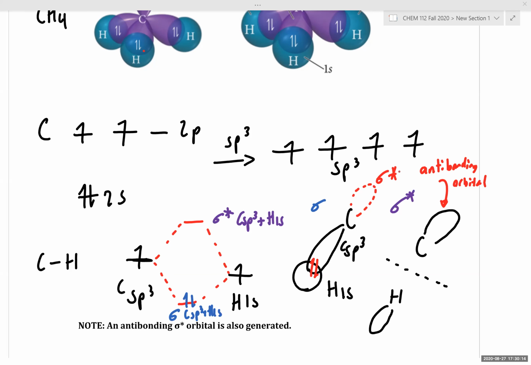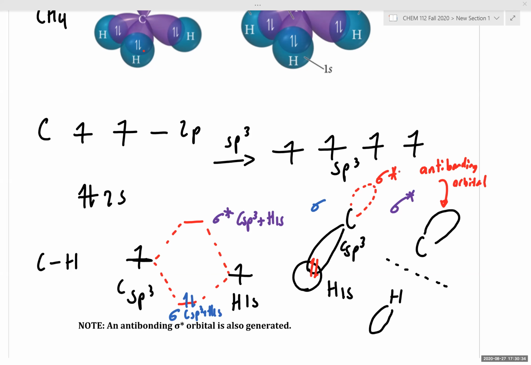So, knowing the location of these bonding and antibonding orbitals and looking at these orbital pictures can help us explain patterns of reactivity and the required geometries for certain chemical reactions. Does that make sense to everyone?